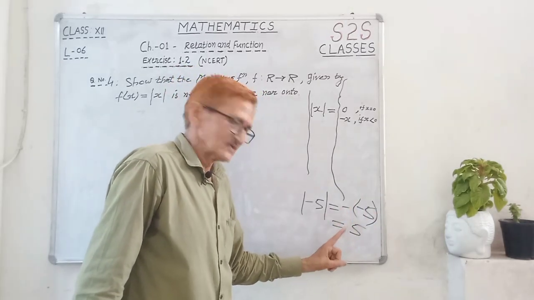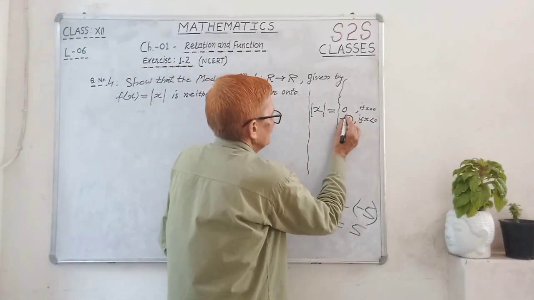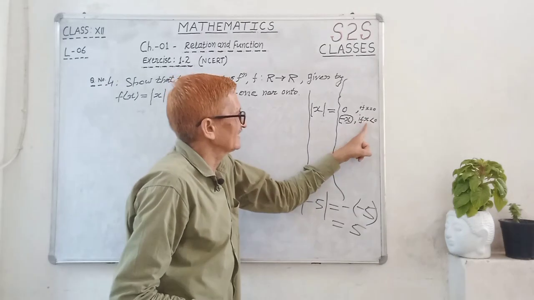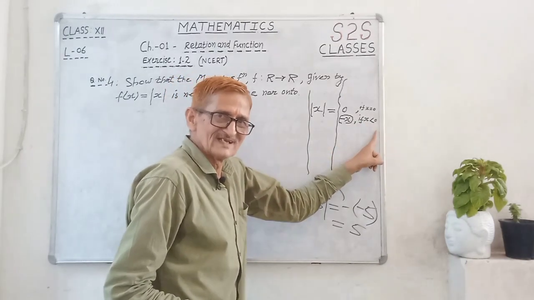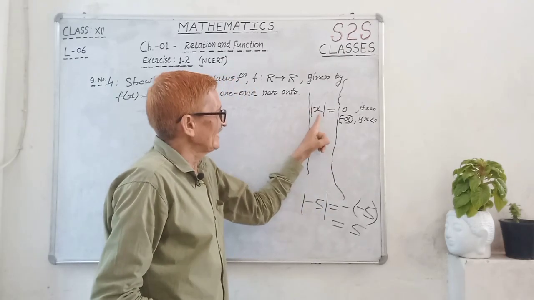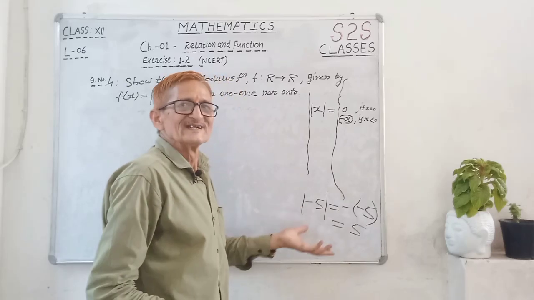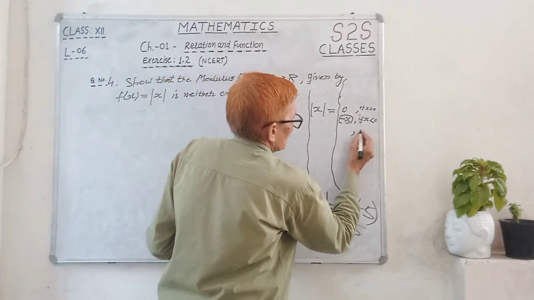This is the output and it will be positive. So minus x is positive, because x is negative. For every real number x less than 0, the modulus of x is minus x, which is positive. Okay, understand, this is in +1.